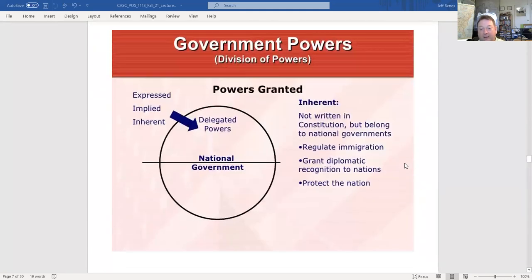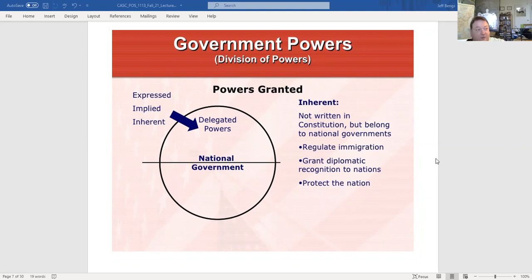Let me cover inherent and then we'll be done. Inherent powers are not written in the Constitution, but they do belong only to the national government. Like I said earlier, tracking down these terrorists that are responsible for the deaths of our U.S. military.